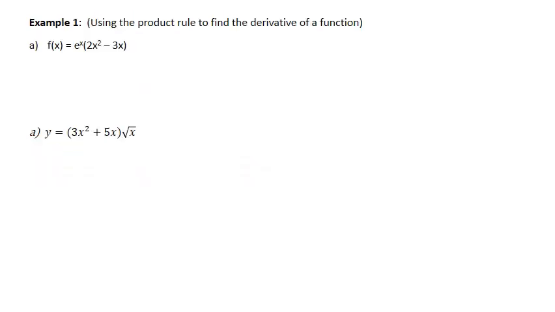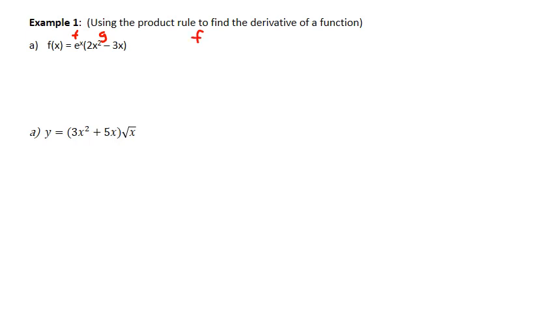Let's do a couple of examples. Here, our very first example is the example problem that we started with. So it seems to me that if f of x is e to the x times 2x squared minus 3x, here's my function f, here's my function g, and I am just going to write them over here to the side, but I'm only going to do that one time.